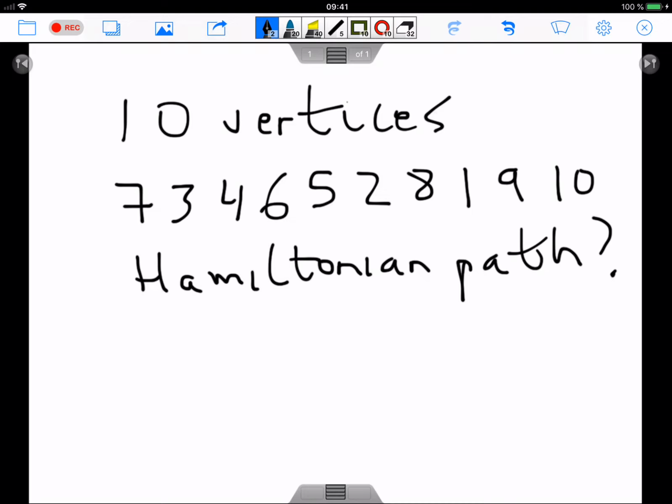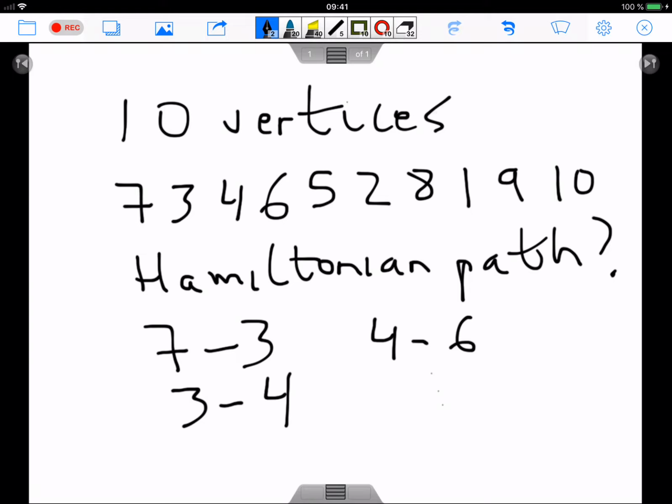Well, what we can do is to go to the graph or go to the adjacency matrix and see if indeed we have an edge from 7 to 3. Also, if we have an edge from 3 to 4. Also, if we have an edge from 4 to 6, and so on.